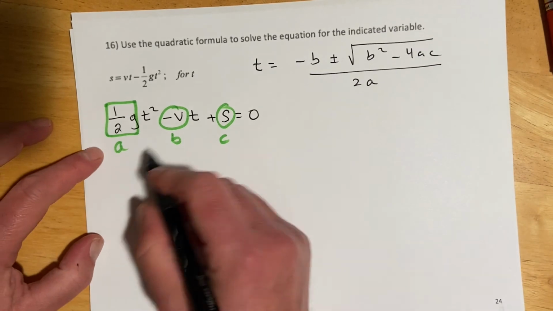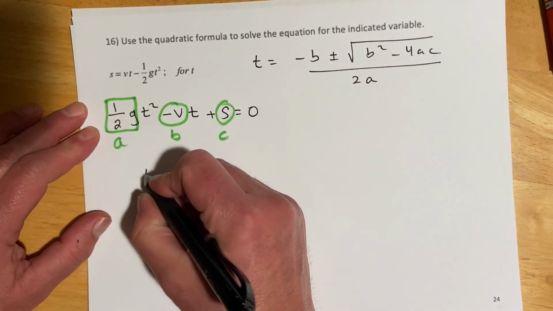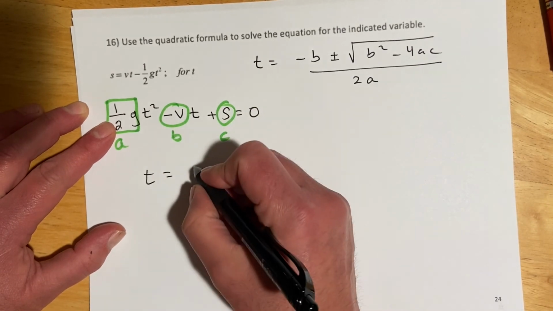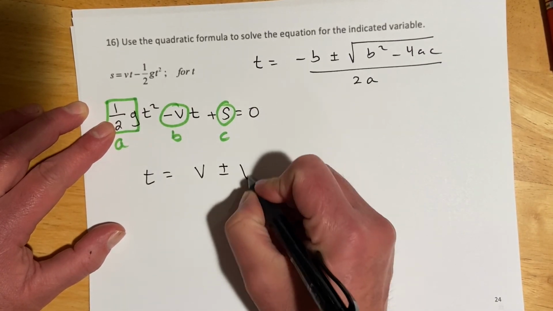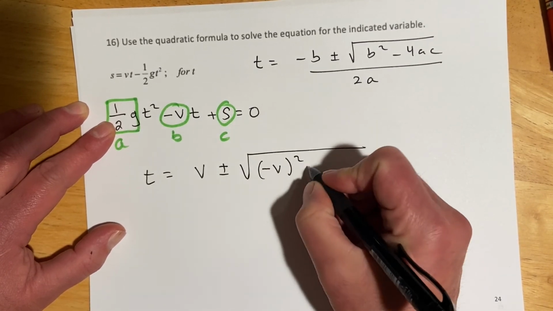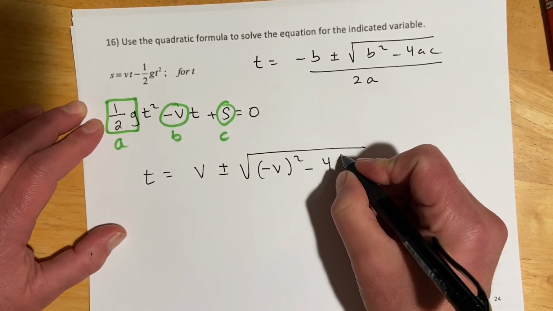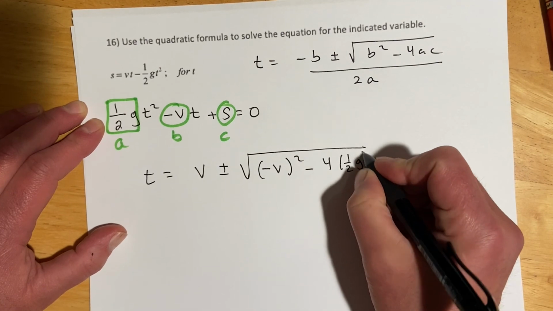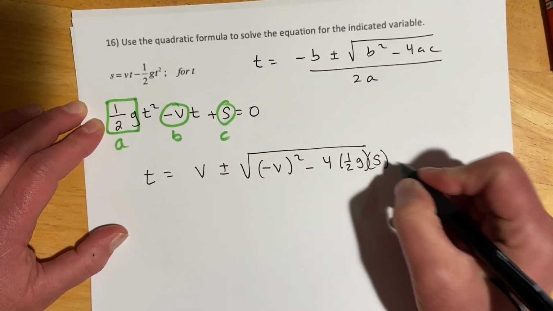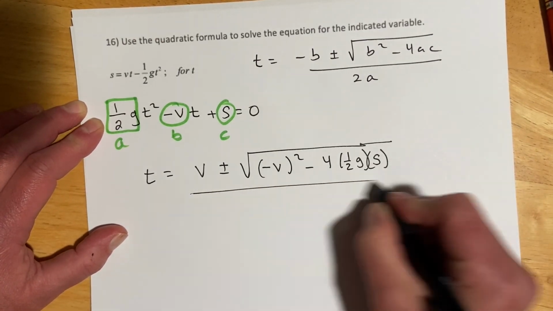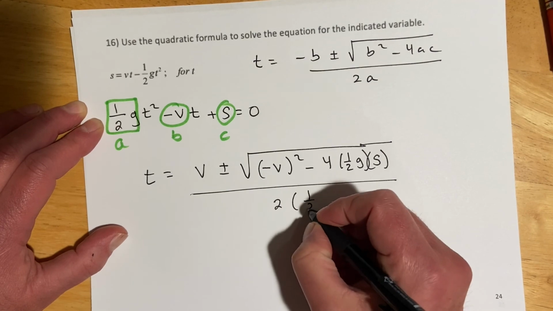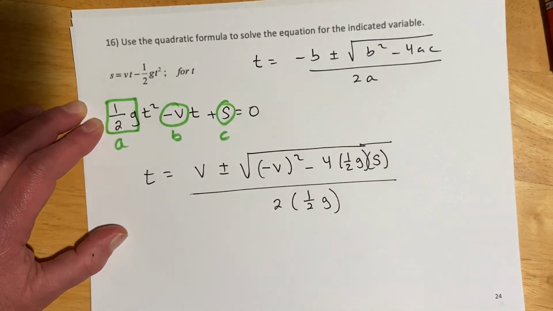So it gets that all tossed in here. So we'd have t equals the negative of negative v, so that would be v, plus or minus the square root of negative v quantity squared minus 4 times a, which is 1/2 g, and c is s, all over 2a, so that's 2 times 1/2 g.